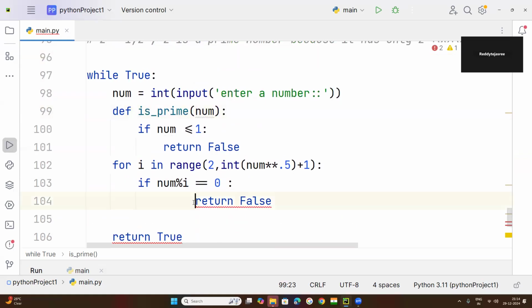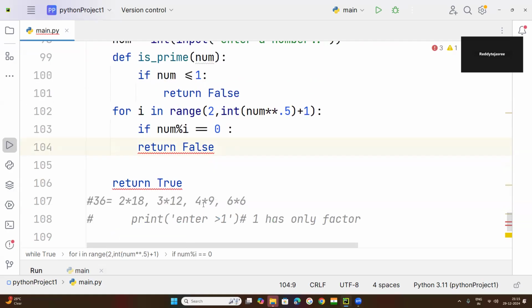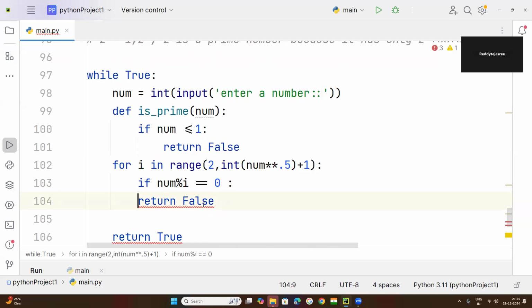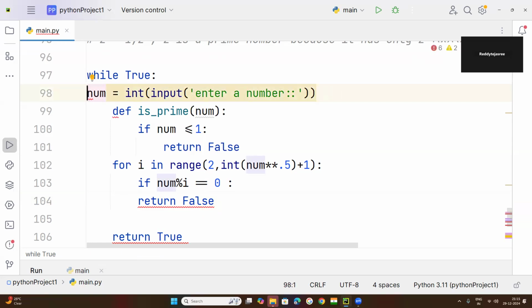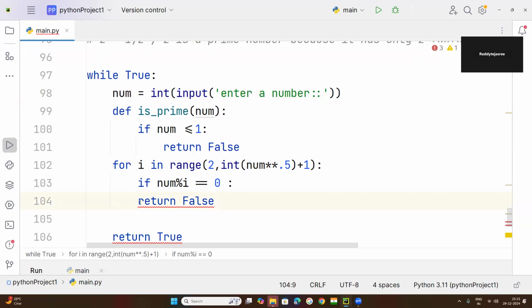Return false. If num, return false. I in range num. Okay, this is what is now written, false.